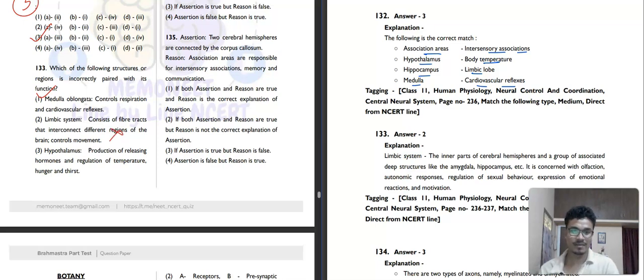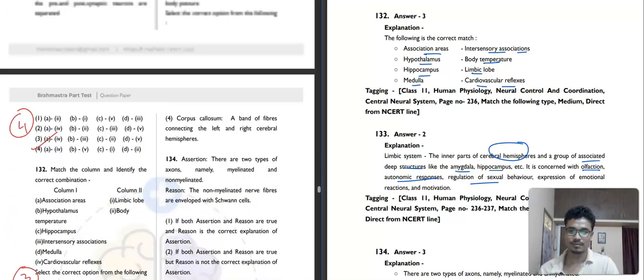No, this is the inner part of the cerebral hemisphere with a group of associated structures like the amygdala and hippocampus, and it is concerned with olfaction, autonomic responses, and regulation of sexual behavior. The hypothalamus, production of releasing hormones and regulation of temperature, correct. So here the second option will be our correct answer. Corpus callosum, it is also correct.